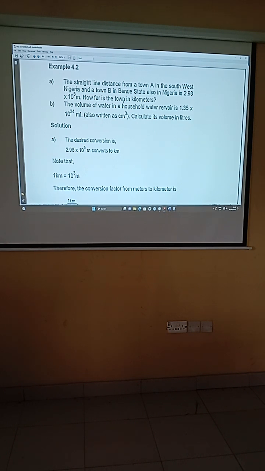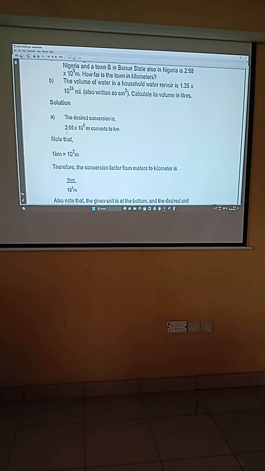You are converting from meters to kilometers. Just like saying convert 2.98 by 10 to the power 5 meters to kilometers.